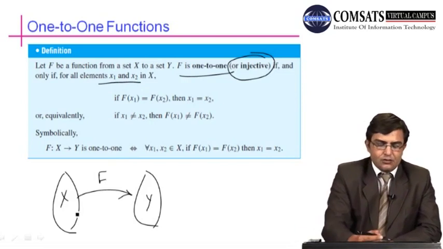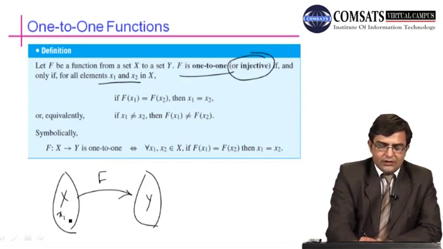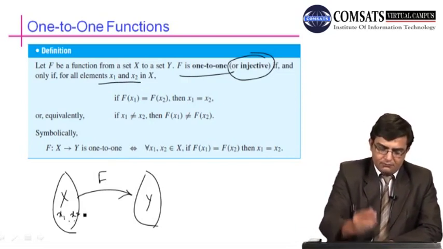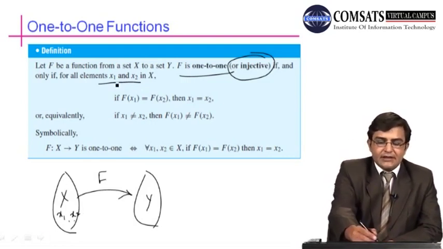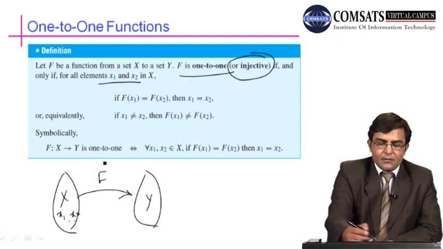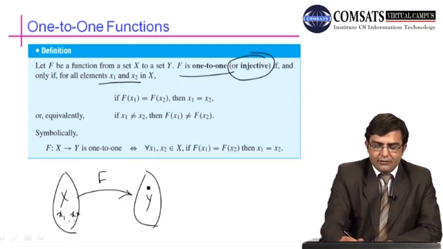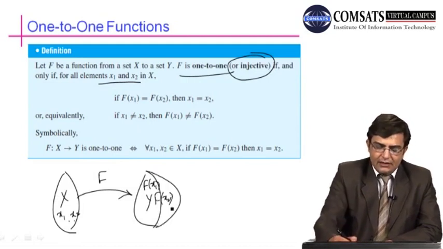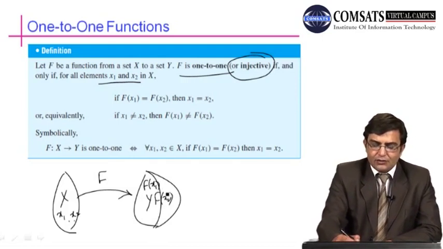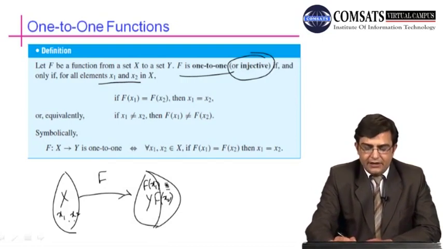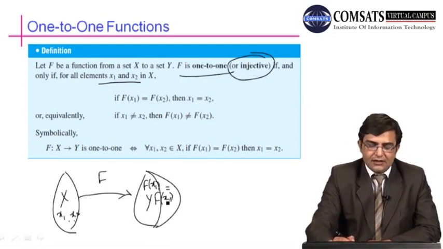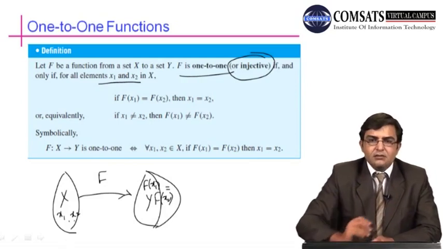f is called a one-to-one function, or injective function, if and only if for all elements x1 and x2 in x, the elements of the domain set, if f of x1 and f of x2 in this set are equal, if the images are equal, then the pre-images must be equal.